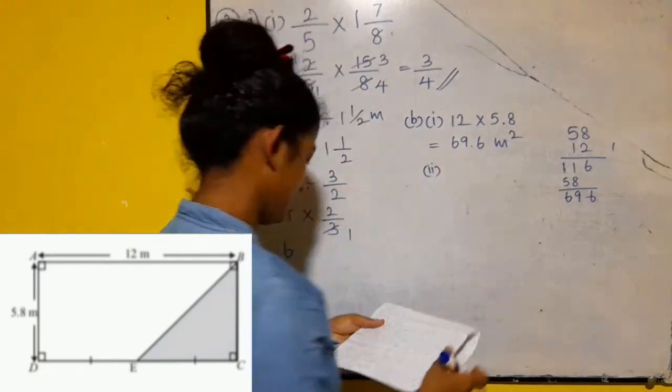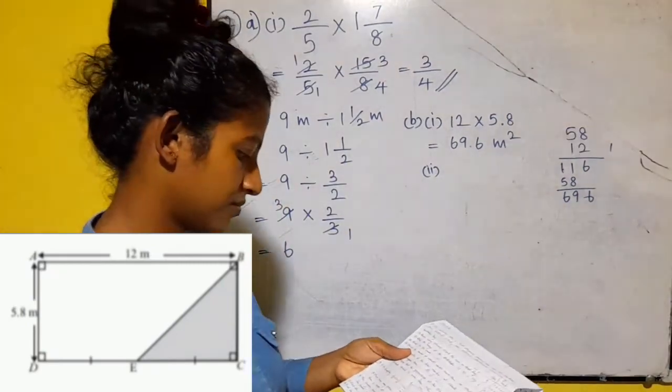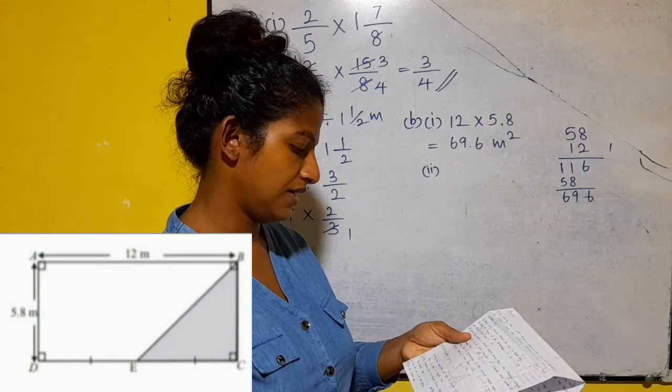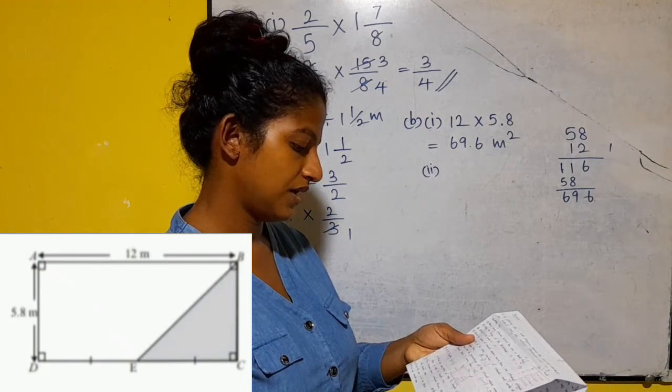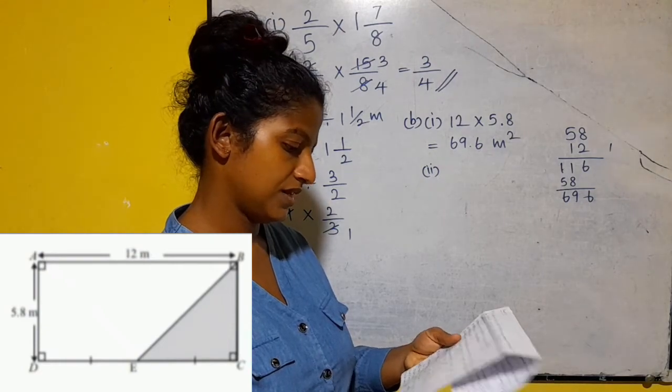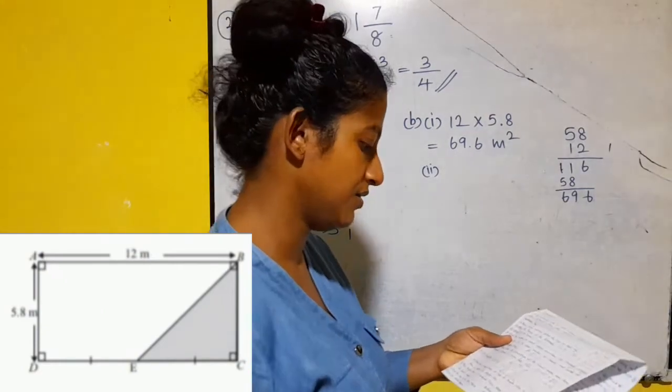Second question. Find the turfed area. That means the shaded area here.